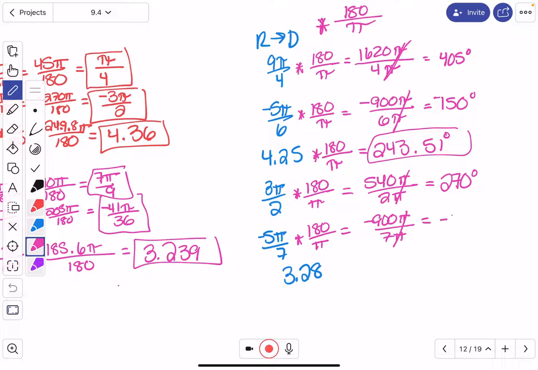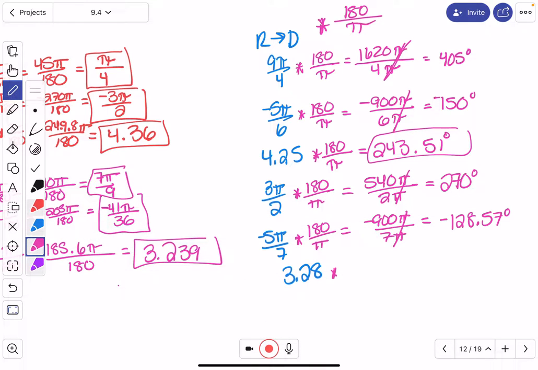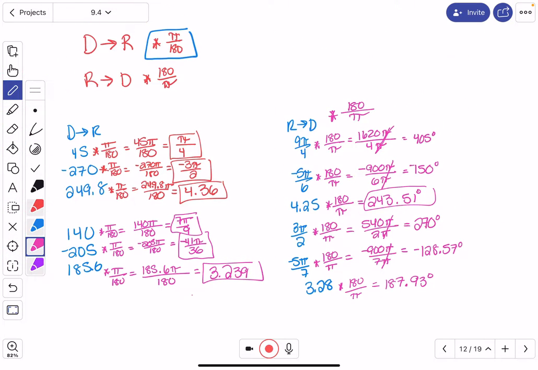And when we divide, we get 128.57 degrees. And then, last but not least, 3.28 times 180 divided by pi gives us 187.93 degrees. So going back and forth between the two is just a simple multiplication problem.